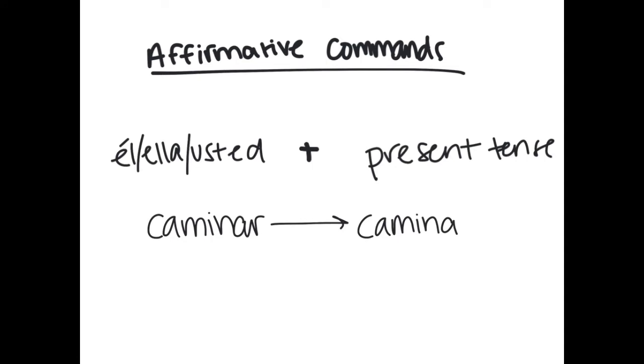If you want to tell someone to stop, so parar, then you would say para. So literally all you have to do is use the él, usted form in the present tense of whatever verb you want to command someone to do.